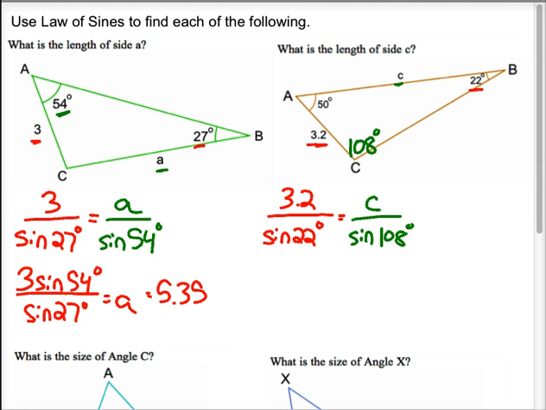So I have the setup now, and I'm trying to find C. So I'm going to multiply that sine of 108 degrees over.